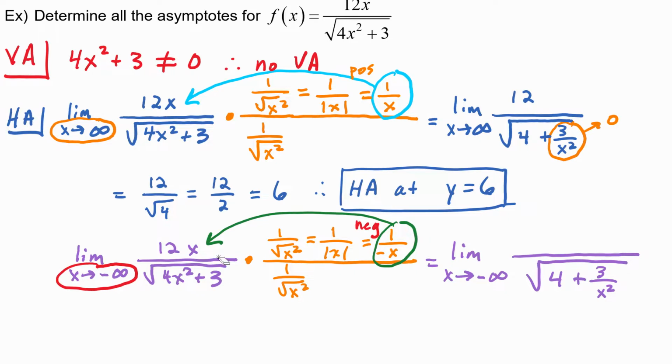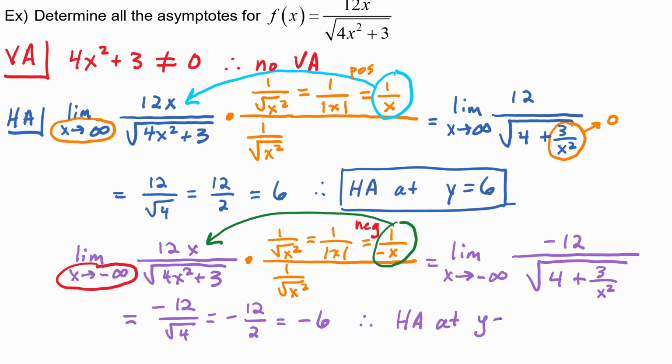So 12x times a negative 1 over x is negative 12. So this is equal to negative 12 over the square root of 4, which is negative 12 over 2, which is negative 6. So therefore, we also have a horizontal asymptote at y equals negative 6.